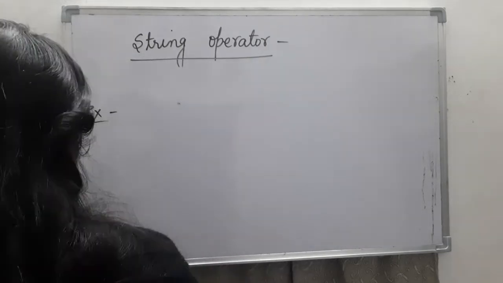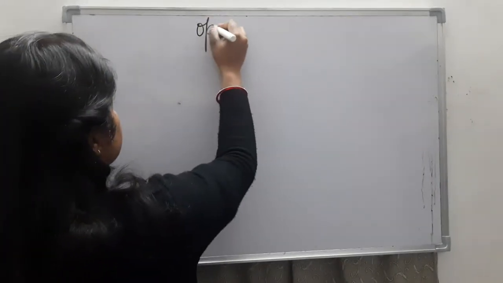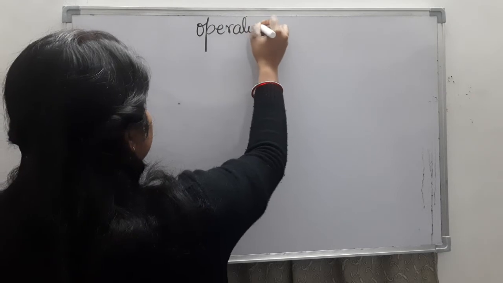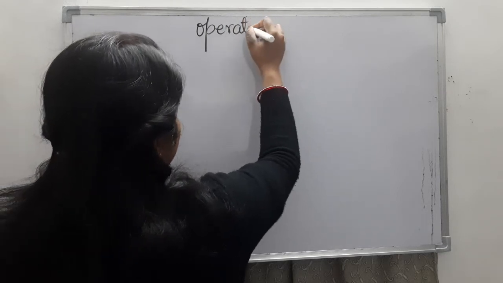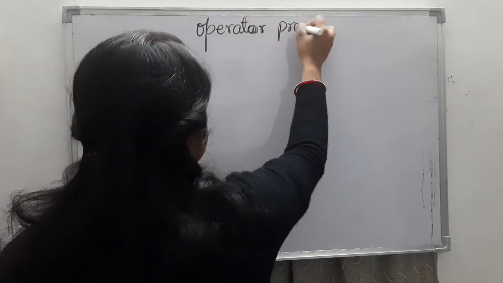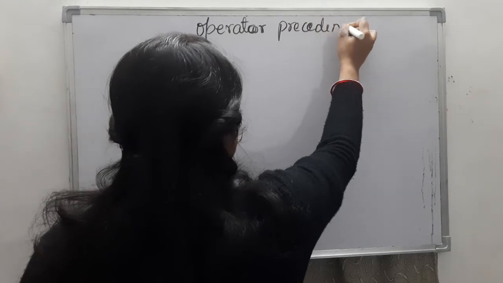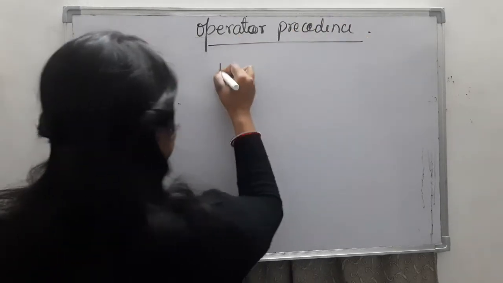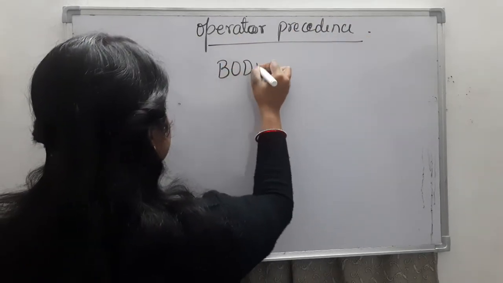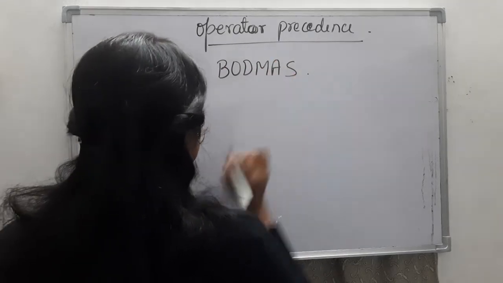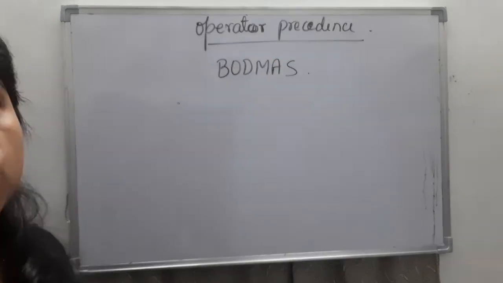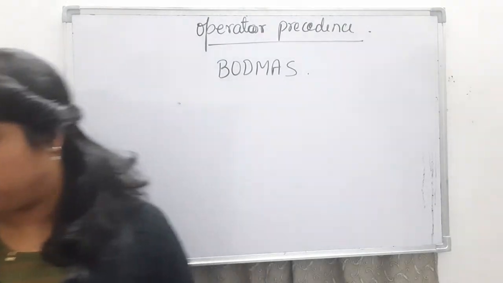Now we are going to discuss operator precedence. Operator precedence means the priority of different operators in the Python programming language. In mathematics we have learnt about BODMAS, meaning bracket, division, multiplication, addition and subtraction.